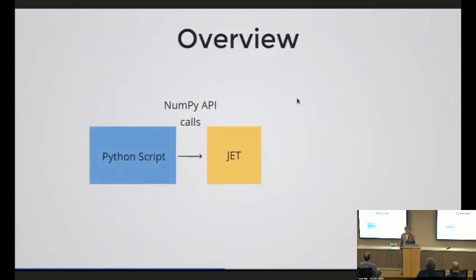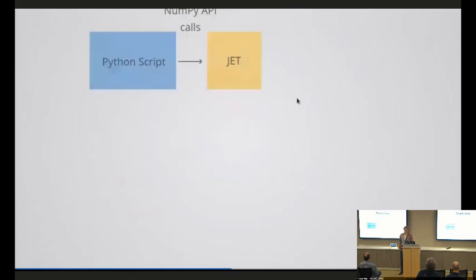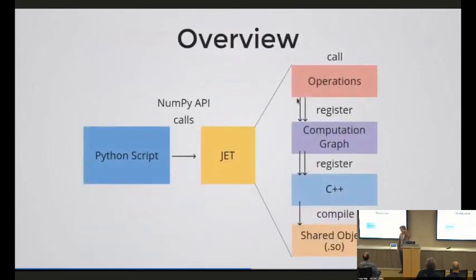Our approach is a bit different. We emulate the NumPy API, so we try to have our JET API be exactly the same as NumPy. But instead of directly evaluating to a result, we record all of the operations that are done into a computation graph. From the computation graph, we generate some C++ code.